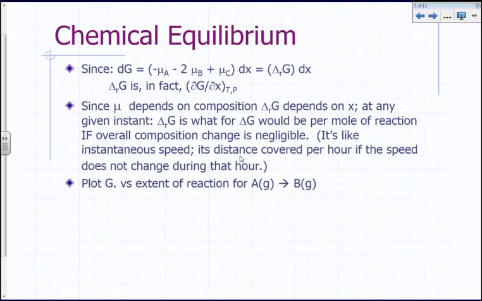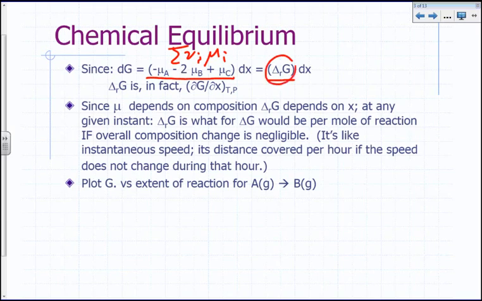Since dG is equal to negative mu sub A plus negative 2 mu sub B plus mu sub C in our example, this is really the sum of nu sub i mu sub i, and we call that our reaction Gibbs energy, equal to dG/dx.